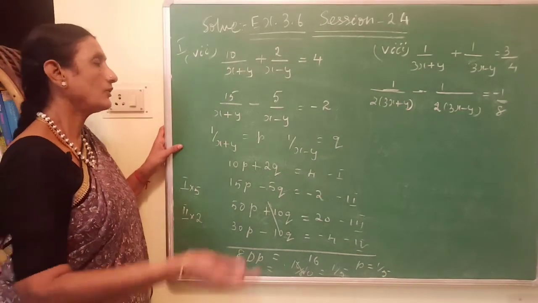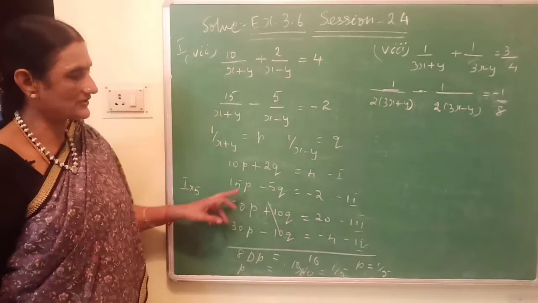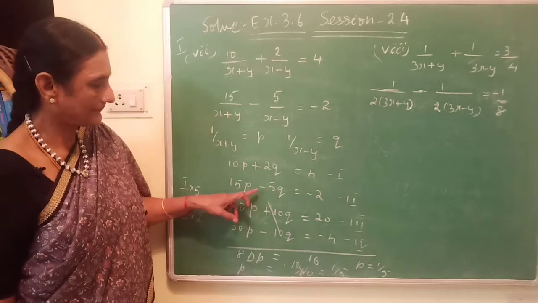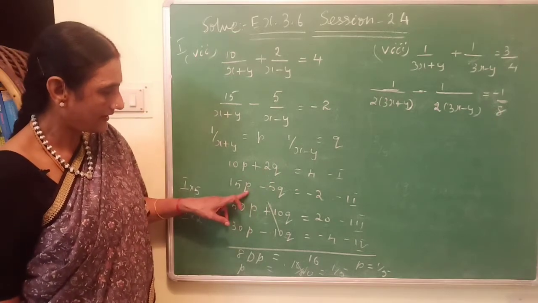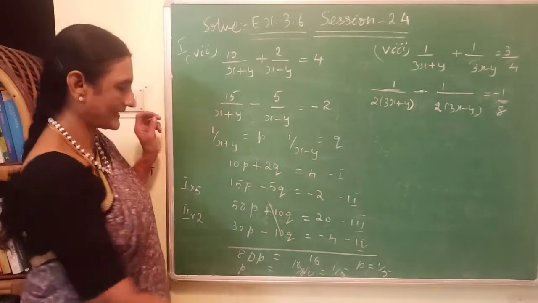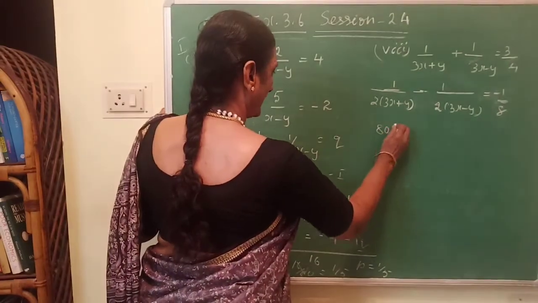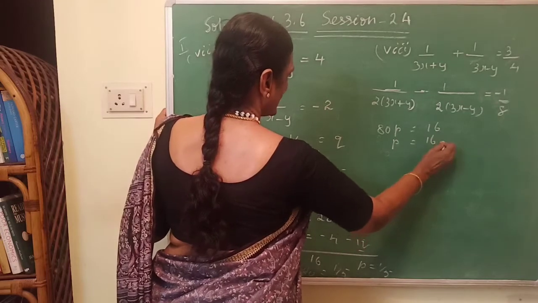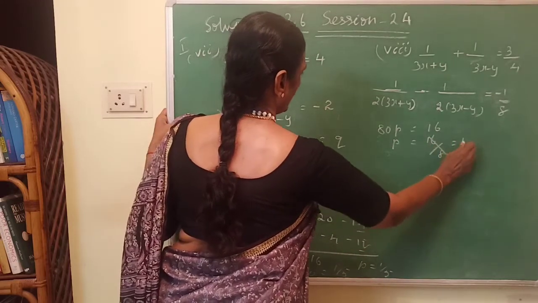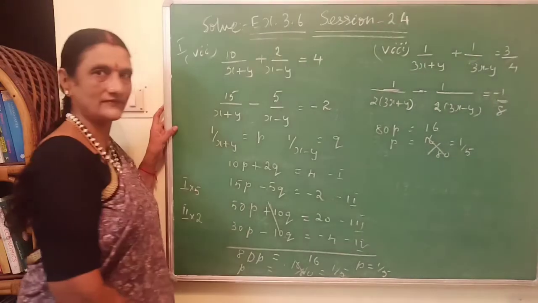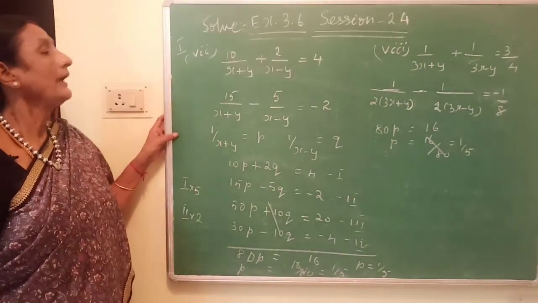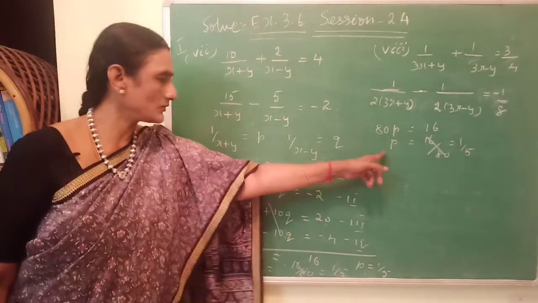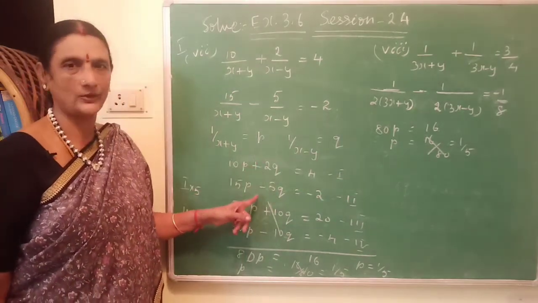Now, how do we get q? We are going to substitute the value of p so that you will get the value of q. Once again, I will write here 80p is equal to 16. Therefore, p is equal to 16 by 80, which is equal to 1 by 5. This is one part of the sum over. Now, I have to get the value of q. How do we get it? Substitute the value of p in any one of these two equations.